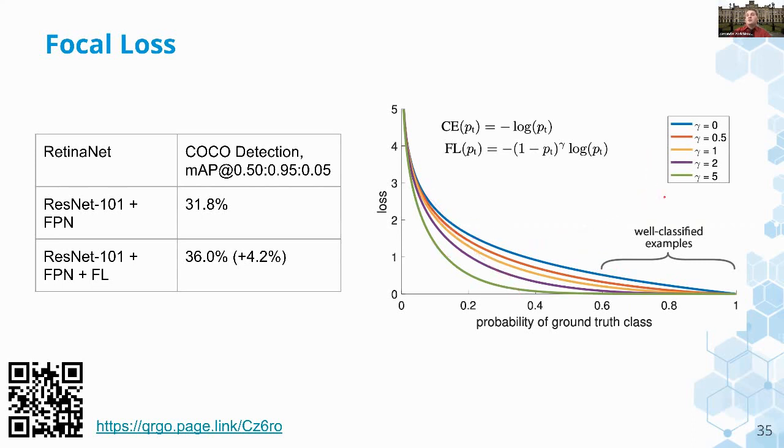We may control the strength of this downweighting by varying gamma, and they empirically showed that gamma of 2 is the best choice for object detection systems. And as we can see, by simply incorporating focal loss into a one-stage detector, we can improve the quality of the detector by 4% on the COCO dataset without introducing any additional computation at inference time.